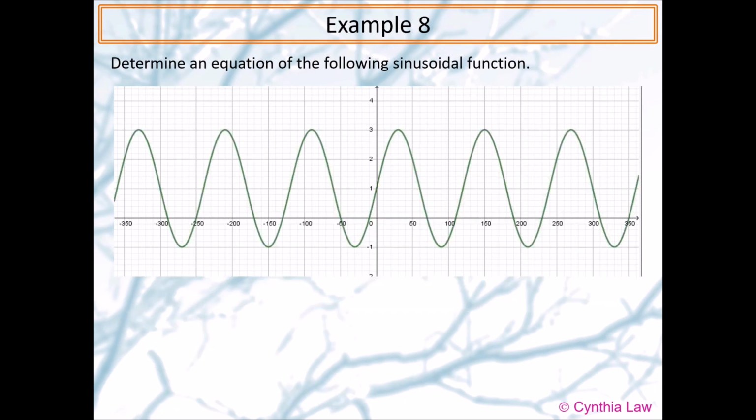Let's put everything together. We have c equals 1, amplitude is 2, k is 3.